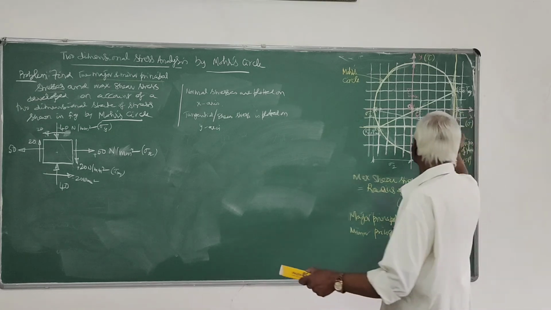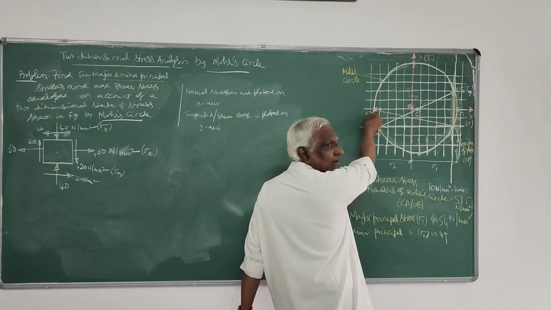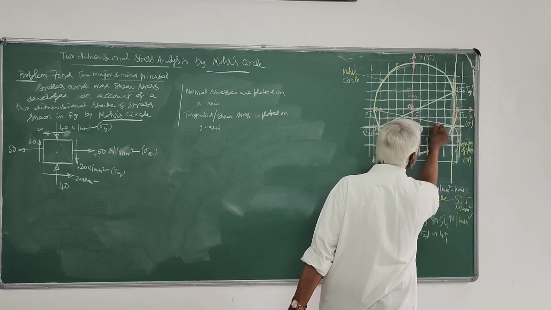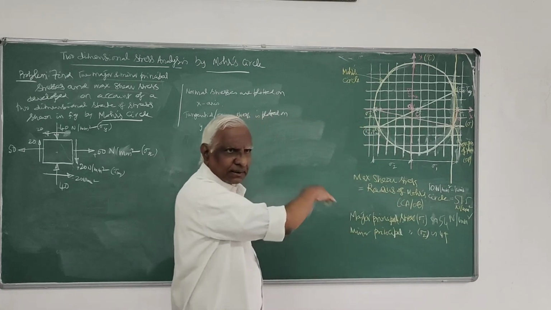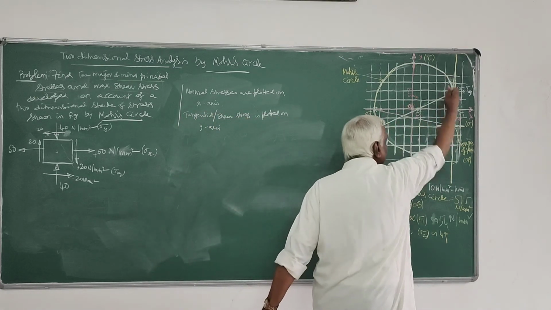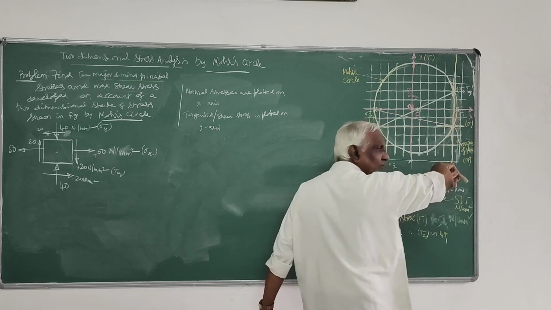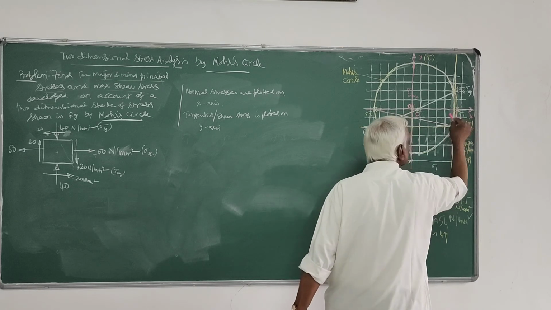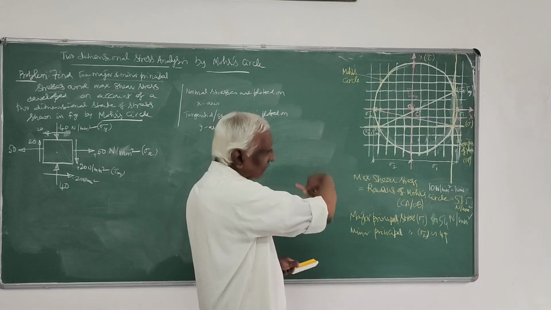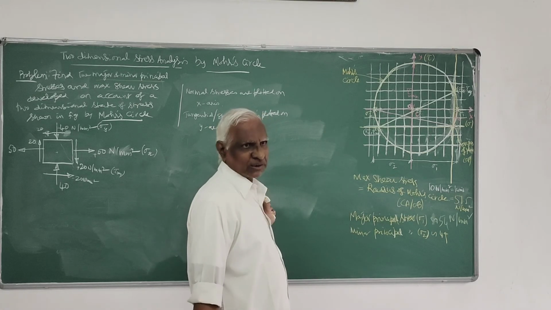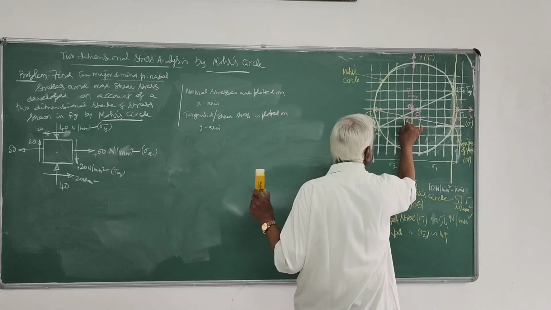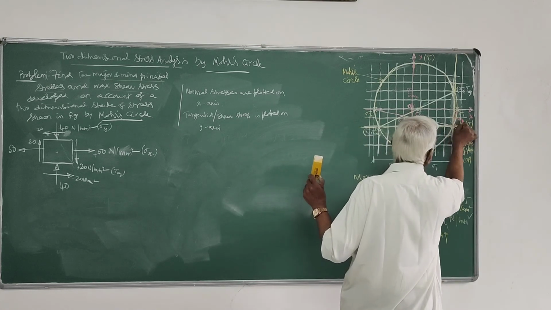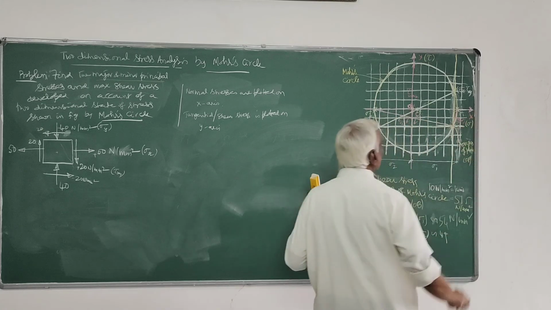Then similarly, from this origin of plane, you join the sigma 2 point you have arrived at. That is the plane inclined at some angle with the vertical, measured in counterclockwise direction. Here also, this plane with the vertical is measured in counterclockwise direction. Whatever the angle is, that is theta. On this, the minor principal stress will be acting. On this, the major principal stress will be acting.